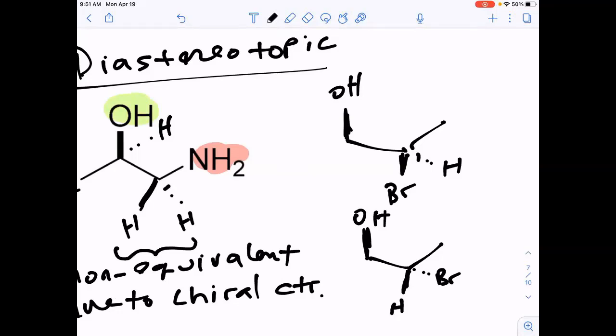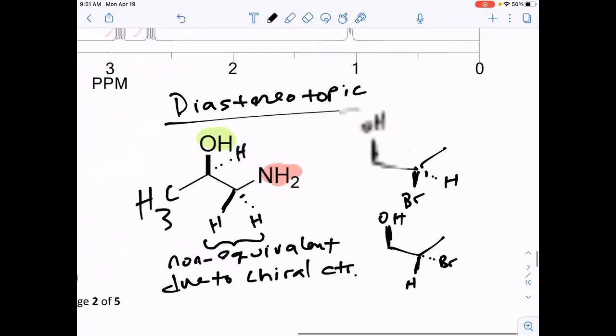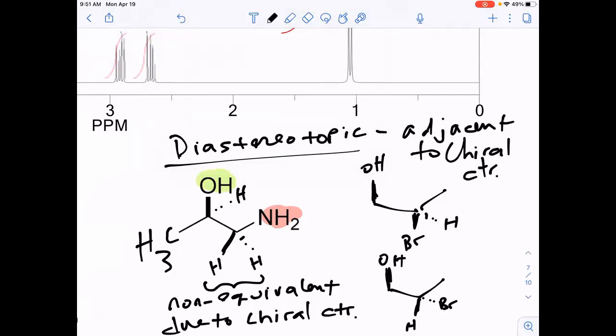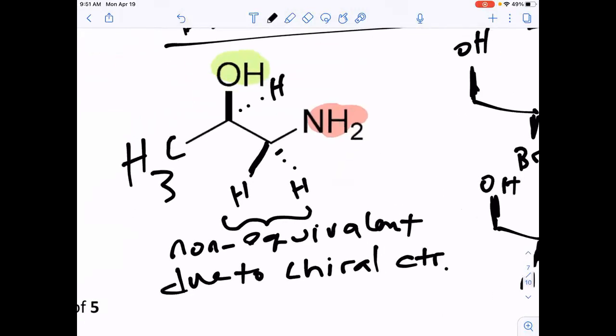So that's why two protons adjacent to the chiral center are going to be called diastereotopic. Write that in here too. So they're adjacent to the chiral center, and because they're non-equivalent, we've got to treat them separately. So they're going to give you separate signals. They're non-equivalent due to the chiral center, and because of that, there'll be separate signals.